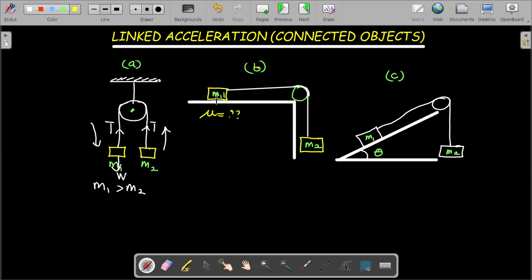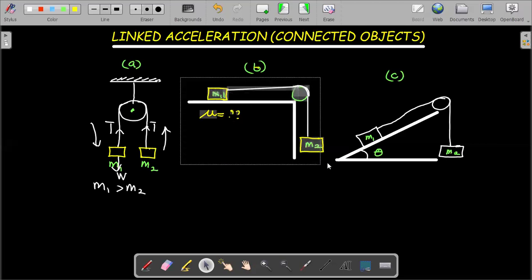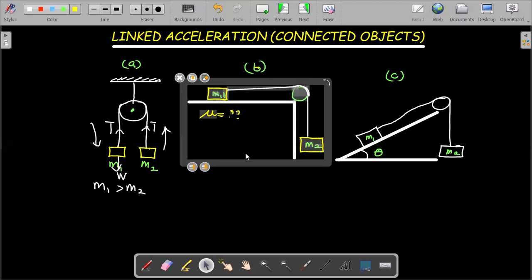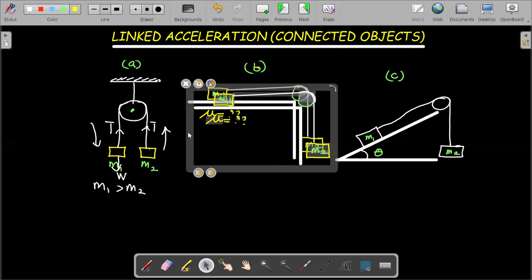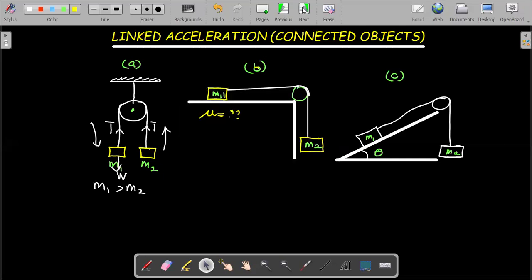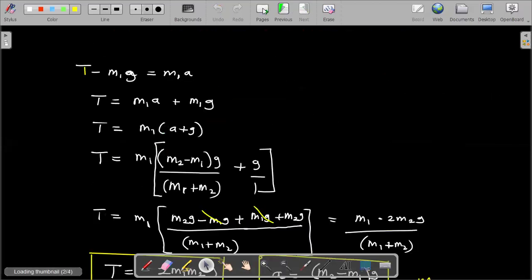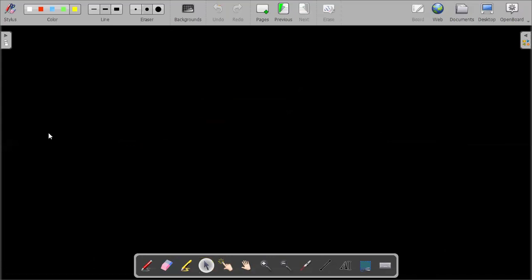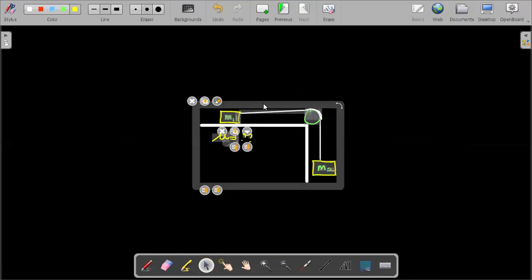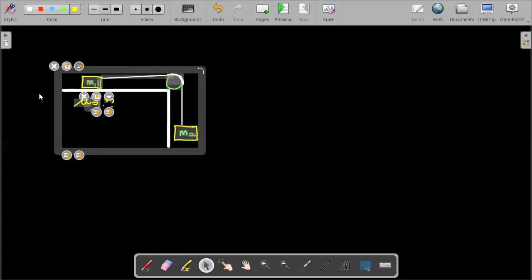And if there is some coefficient of friction, it implies that we are going to have some frictional force. So we're going to pick this second case now and analyze it. Now, let's assume we have this.